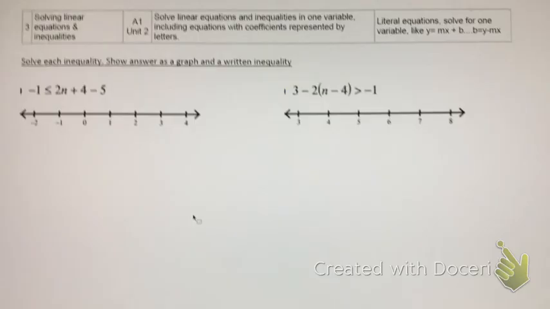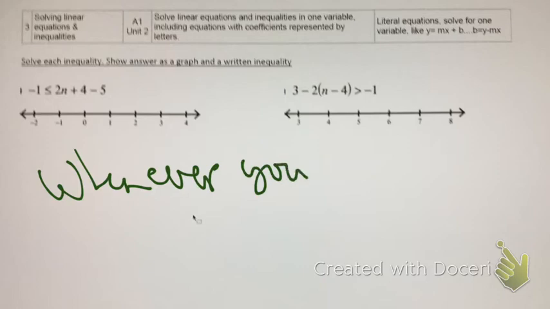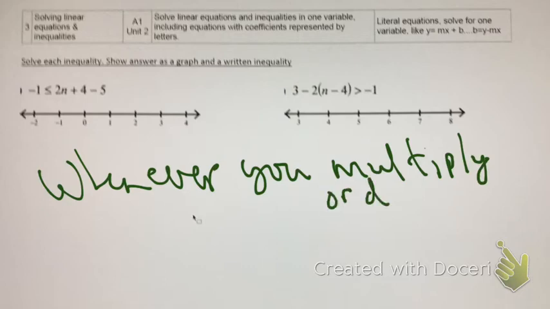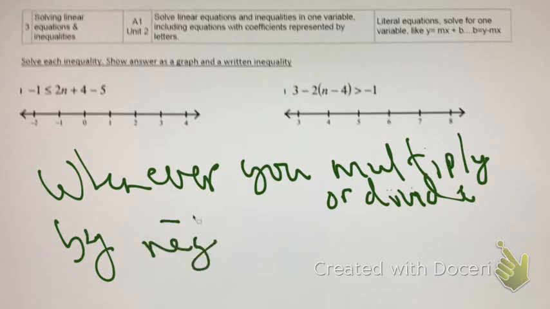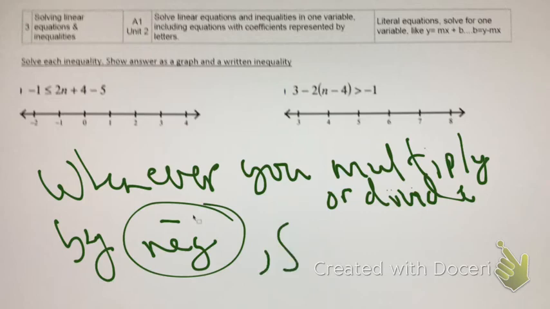We move on to inequalities, and inequalities are exactly the same as solving, except there's one rule: whenever you multiply or divide by a negative number, you flip the sign.